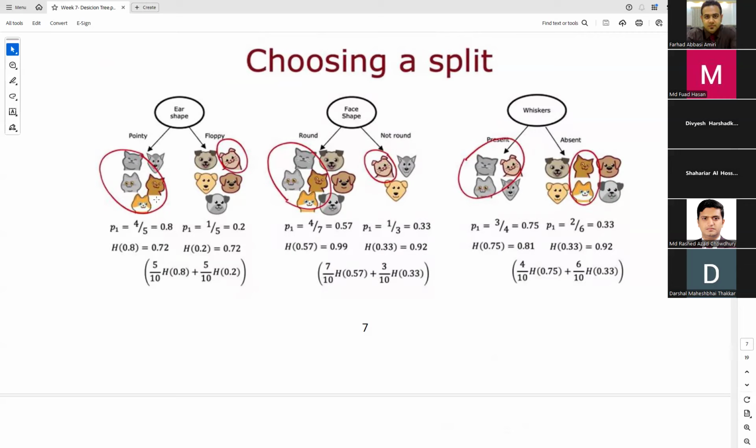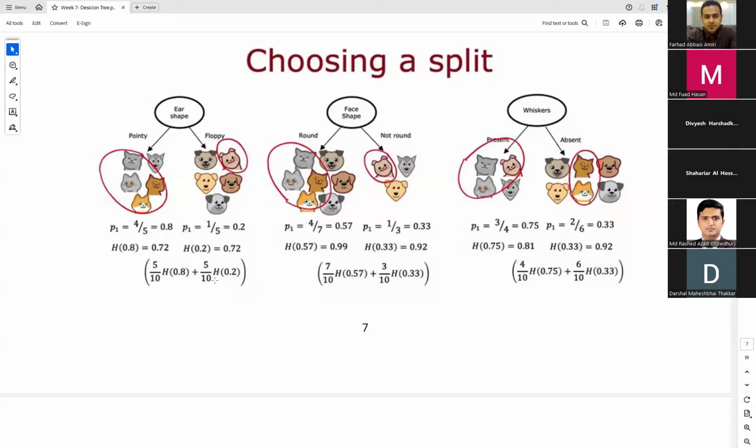At first, you have 10 animals. How many of these 10 animals exist in the left branch? 1, 2, 3, 4, 5. 5 over 10. Plus the second entropy, and its coefficient is going to be, you have 10 animals in total.